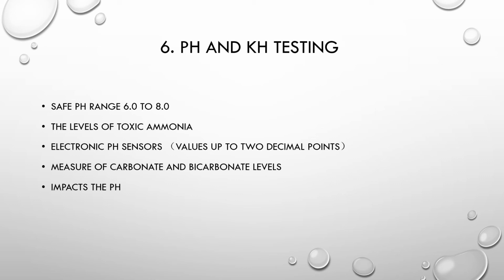An electronic pH sensor, which is valued up to 2 decimal points, can be used in this testing. KH, or the carbonate hardness, is a measure of carbonate and bicarbonate levels. It significantly impacts the pH value of the water.